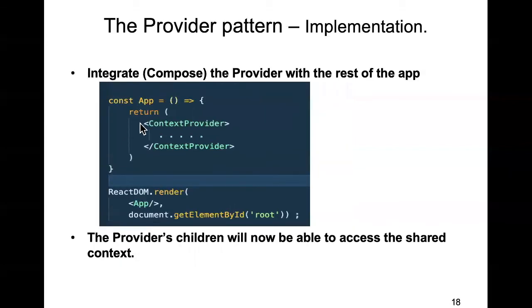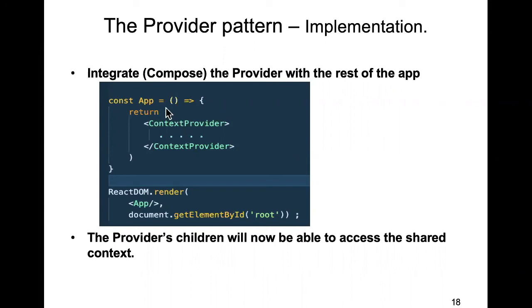Here's where I'm just doing the composition. Typically a context provider, the component here, is the one that I defined on the previous slide. Not the context now, it's the actual provider component. I am composing it with whatever consumers I want to have access to the context.